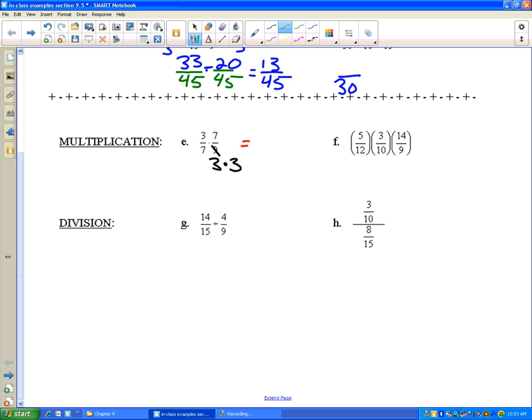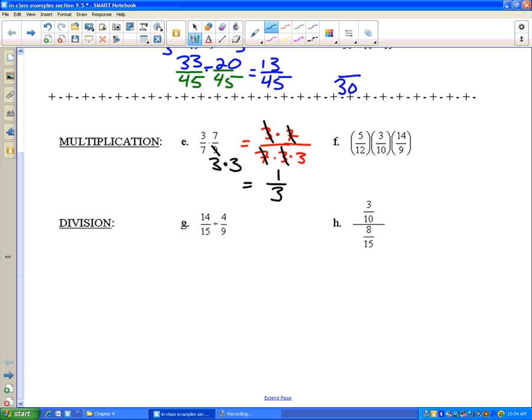I want to think of this as 3 times 7 over 7 times 3 times 3, at which point I can cancel out these 3's, I can cancel out these 7's, and I'm going to end up with 1 over 3 as my answer. I'm reducing as I go along. I'm breaking it up into my prime factors so I can reduce things out.